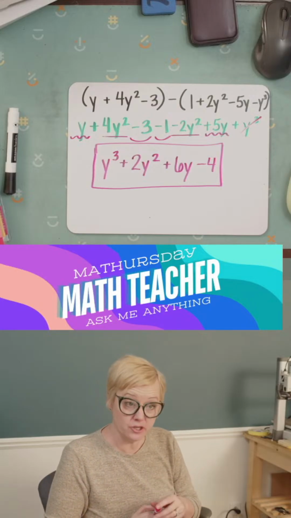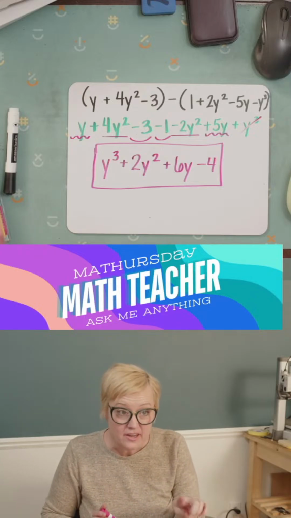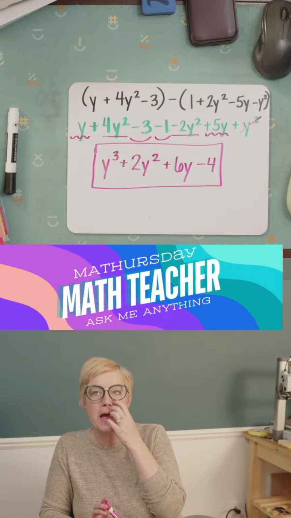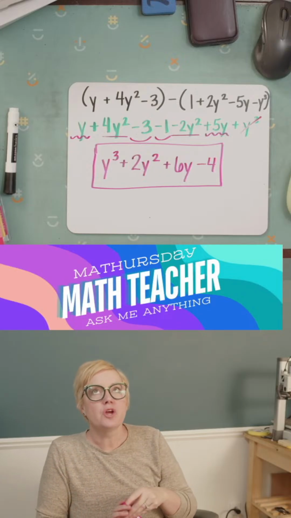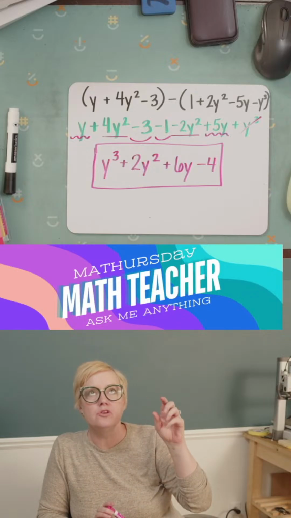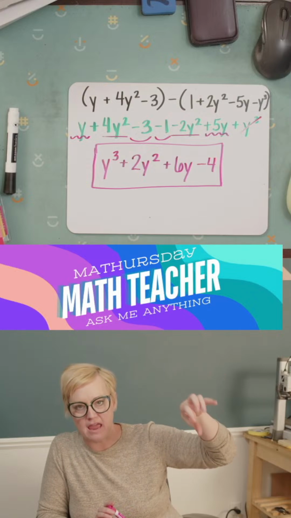You can do synthetic division when A isn't 1, but you have to divide your second piece by that A value.